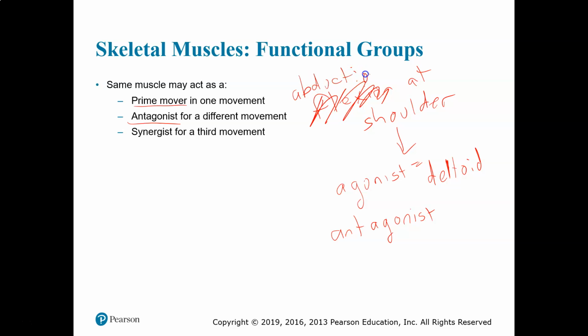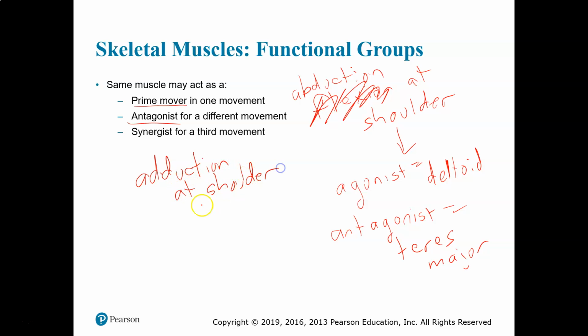Abduction at the shoulder joint, the agonist is the deltoid, the antagonist is the teres major. But you can turn it around, and adduction at the shoulder joint, where you bring your arm back toward your body, the agonist is now going to be the teres major, and the antagonist is going to be the deltoid.